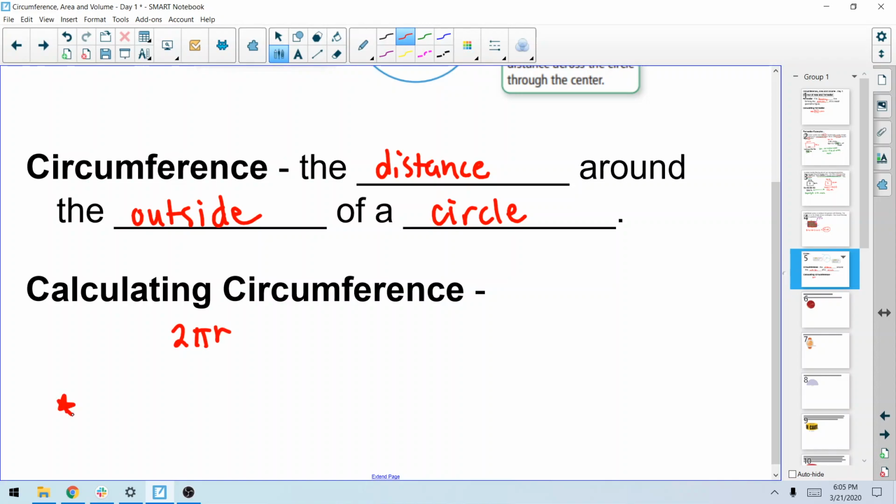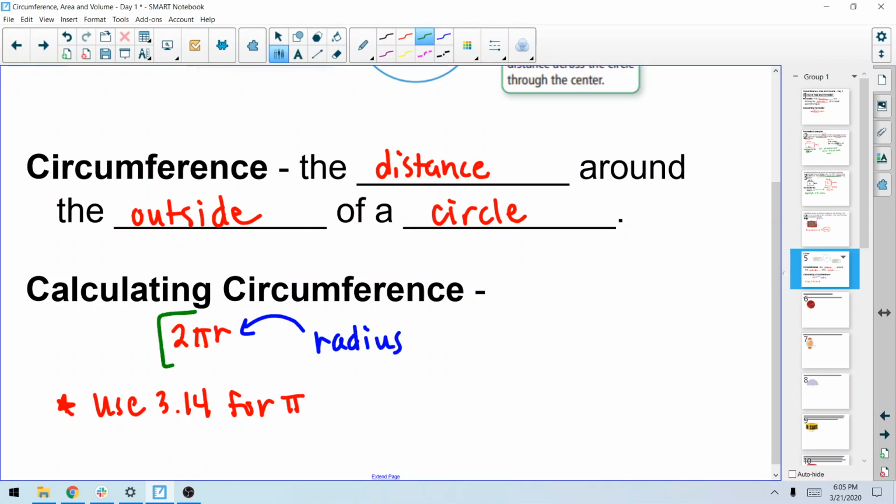For this class, we're going to use 3.14 for pi. So if you're using a calculator, don't use the pi button. Actually use 3.14, type it in. If you're using your phone, that shouldn't be a problem. Just type in 3.14. And then also keep in mind, r is radius.